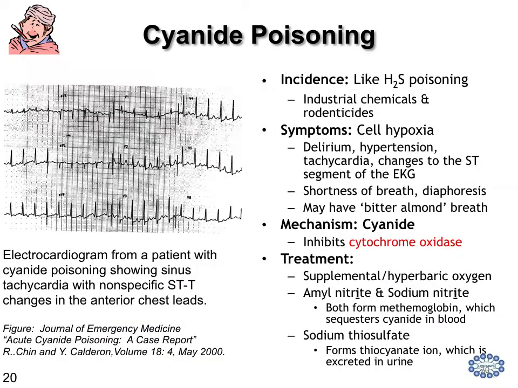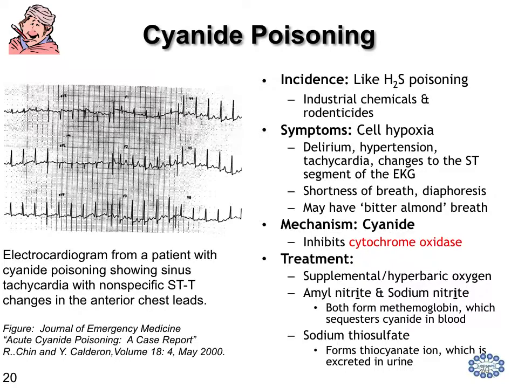A second example is cyanide poisoning. Again, it's a very rare occurrence. Usually it's caused by industrial chemicals. Again, cell hypoxia, similar symptoms to those experienced with hydrogen sulfide, delirium.